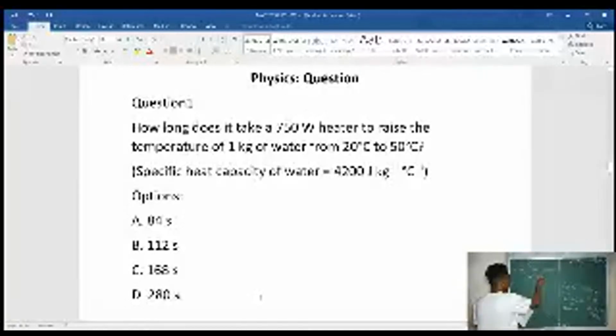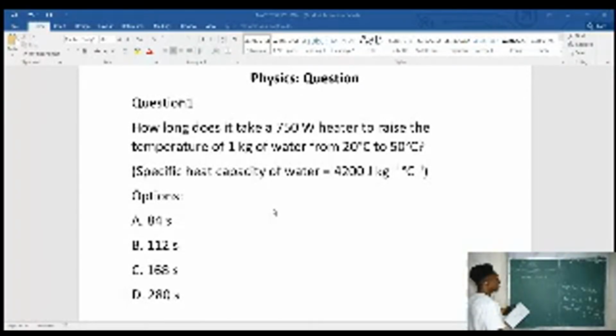The electric energy in the heater is given in form of IVT. And IVT is power times time, where power is IV.